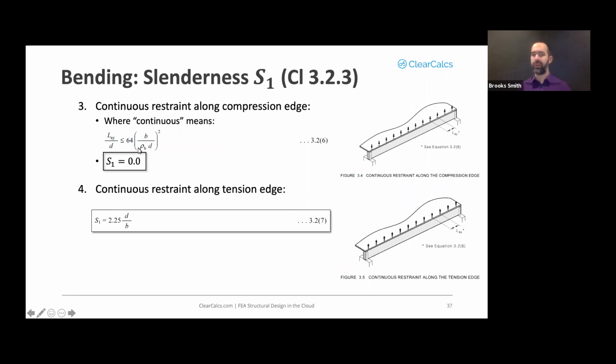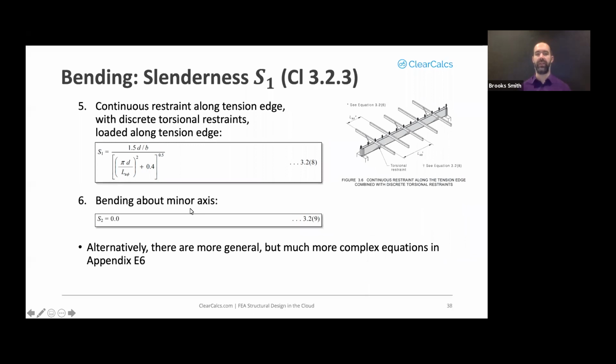So if you have continuous restraints along the compression edge, then that's your ideal situation. That effectively restrains any lateral torsional buckling, and S sub 1 is equal to 0.0 in that case. If you have continuous restraint along the tension edge, a little less advantageous again. So you do actually have a formula for S sub 1. It's going to be relatively small, but it's still going to be non-zero there.